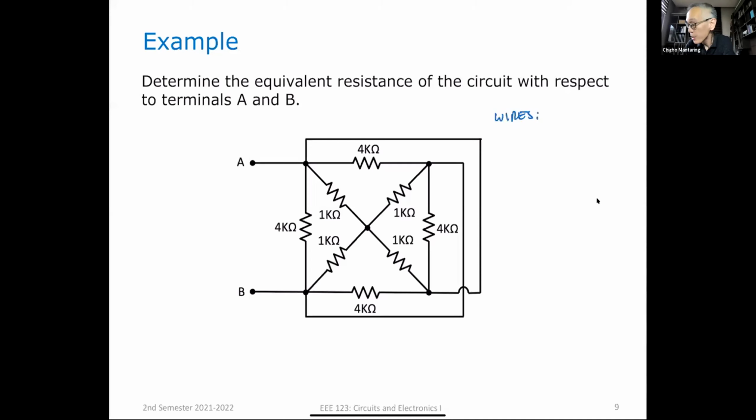Wires can be stretched or compressed without affecting circuit behavior.